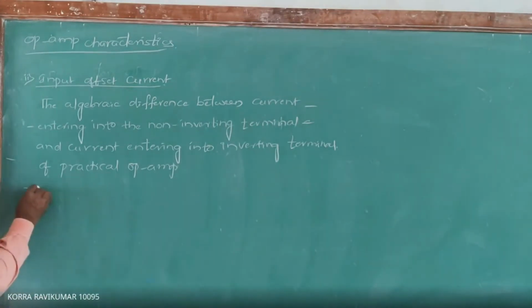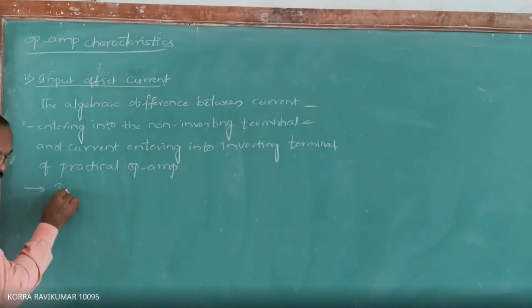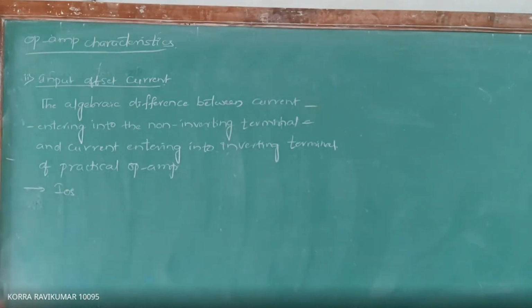The input offset current can be denoted with the letter IOS. OS means offset, I means current, IOS.